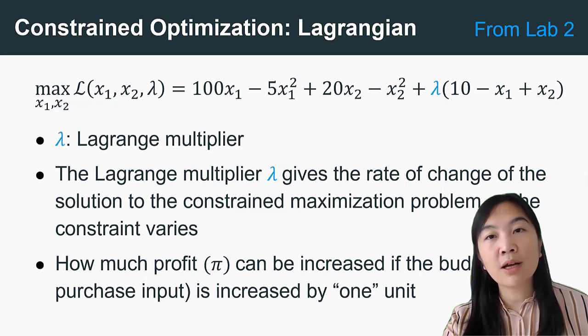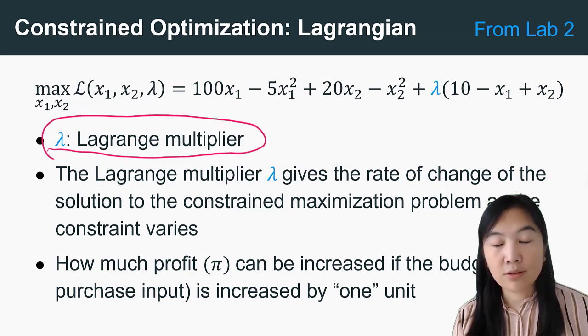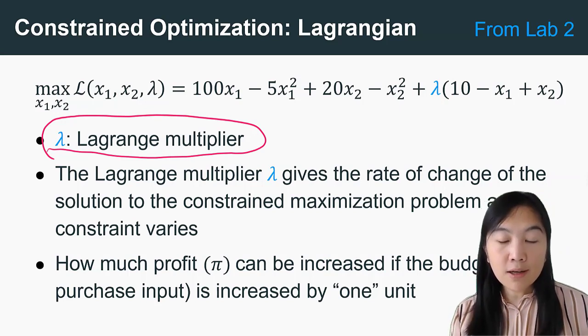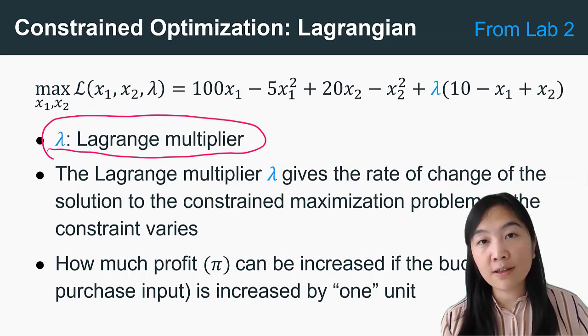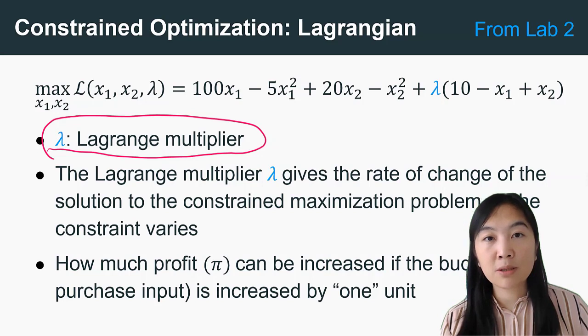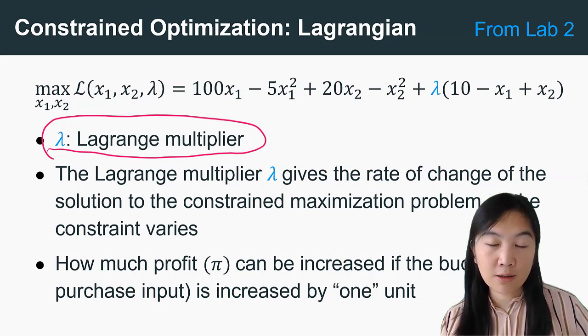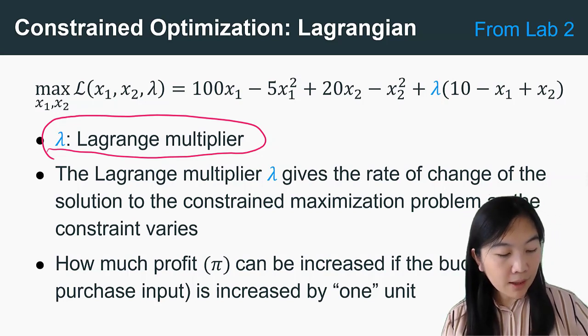And I do want to emphasize here the Lagrangian multiplier. You do need to understand the economic interpretation of the Lagrange multiplier. I have an example of using profit there, and a little bit later we will interpret the Lagrangian multiplier in the cost minimization problem.